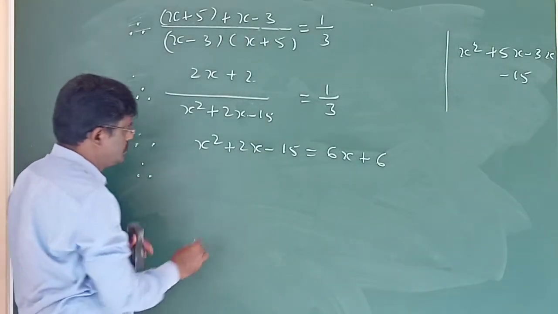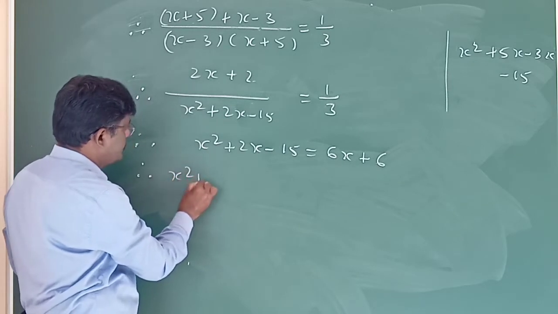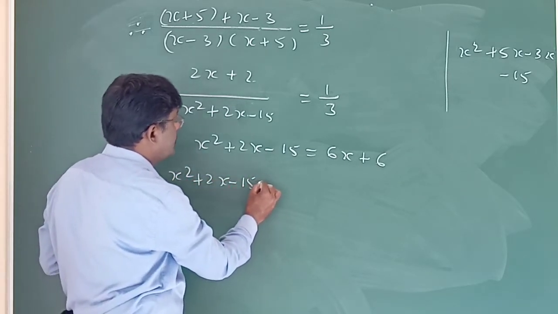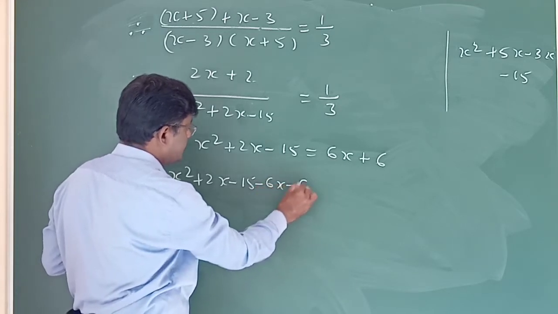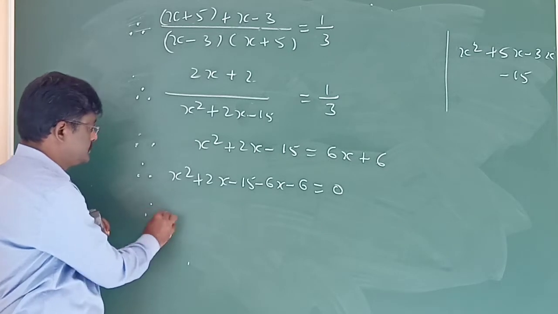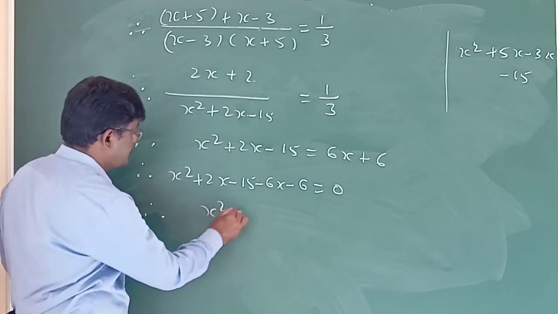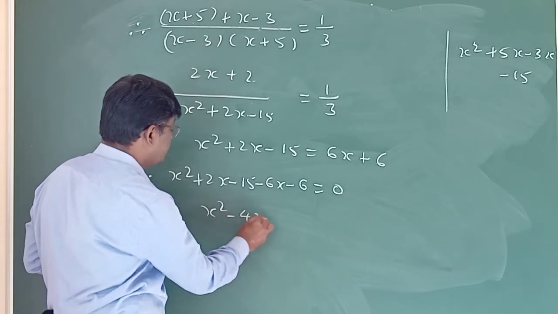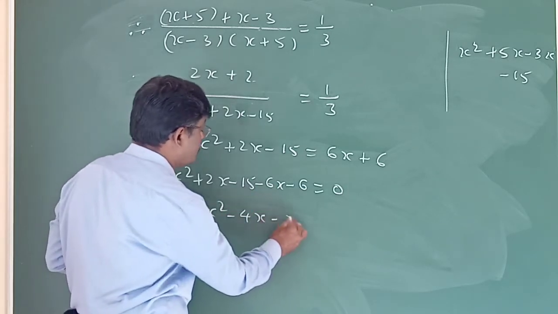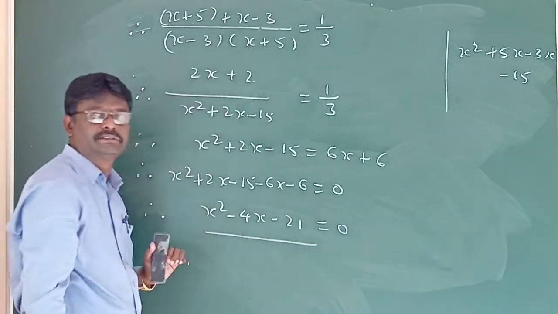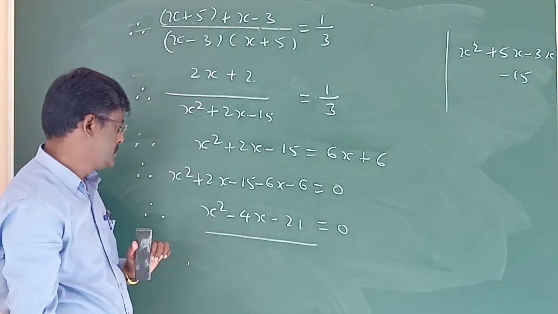Therefore, now x square plus 2x minus 15 minus 6x minus 6 equal to 0. Therefore, x square, minus 6 plus 2 gives what? Minus 4x minus 21 equal to 0. So, we got the required form. Correct?